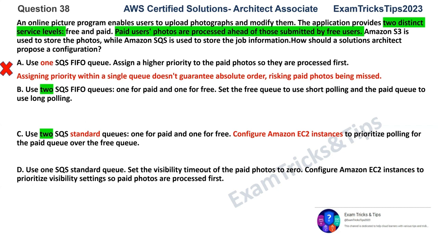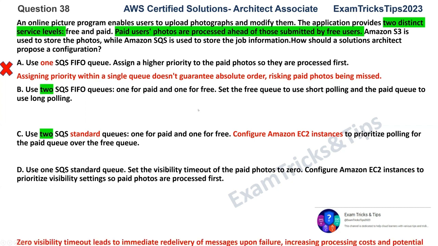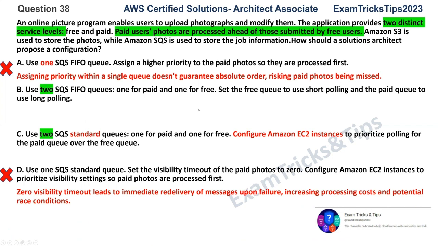So when you have a 0 visibility timeout, the messages keep getting redelivered immediately, which is going to increase the cost of processing, and it will cause race conditions as well. You need to allow some latency and delays in the overall solution in order for it to work. So both option A and D are trying to use one queue, and it's not going to work. So those are gone.